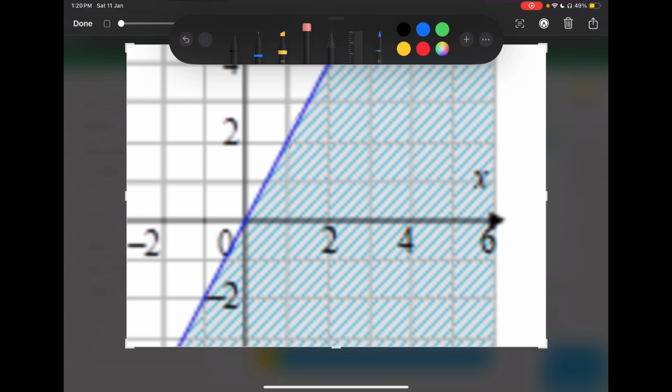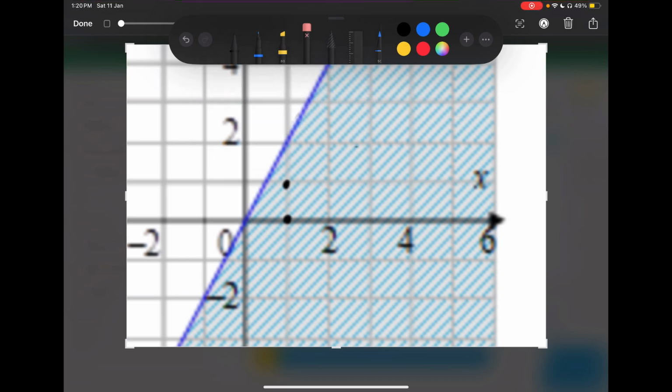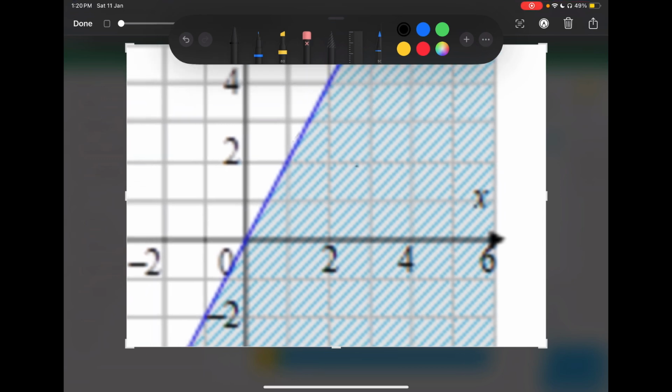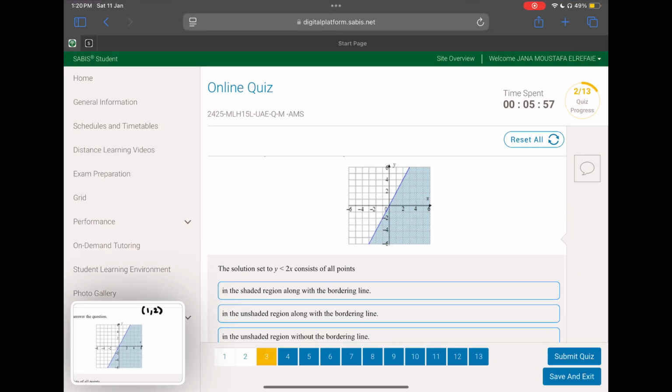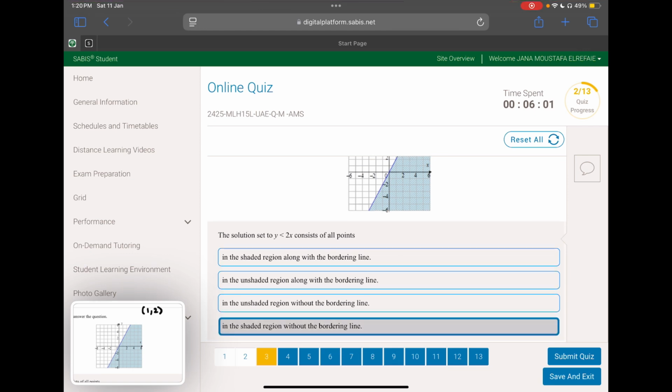But if we have (1, 1), it is a part of the solution, because 1 is less than 2, right? So that is correct. The answer is going to be in the shaded region without the bordering line.